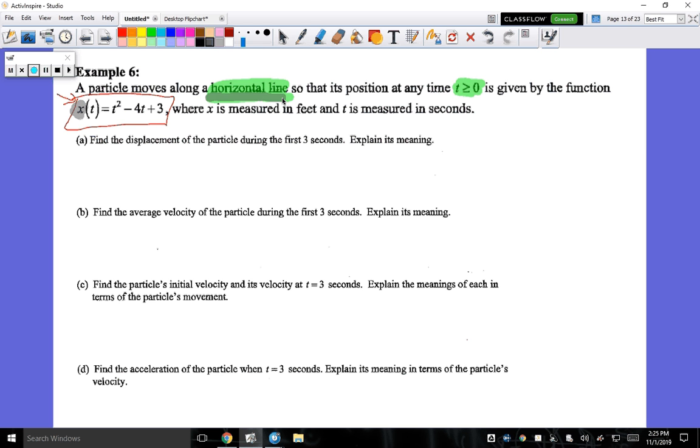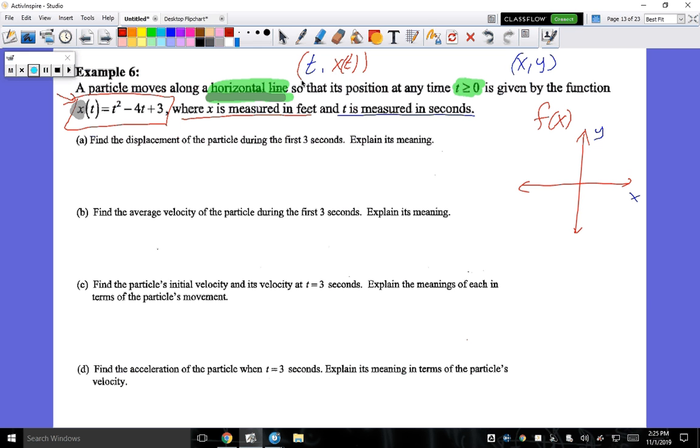Usually we give f of t. And f of t is almost like f of x. And f of x, as far as movement and position, you have an x and a y coordinate because you have the point x and y, like a position. But when you have x of t, this is what it's saying. Your input is t. Your output is x of t.